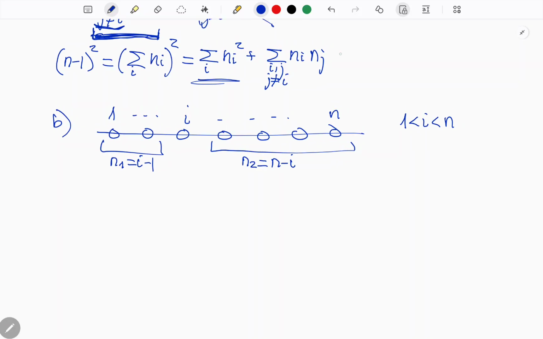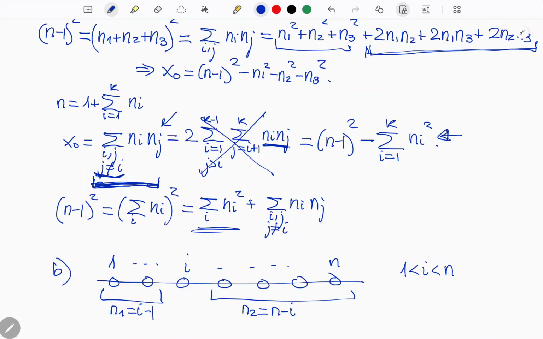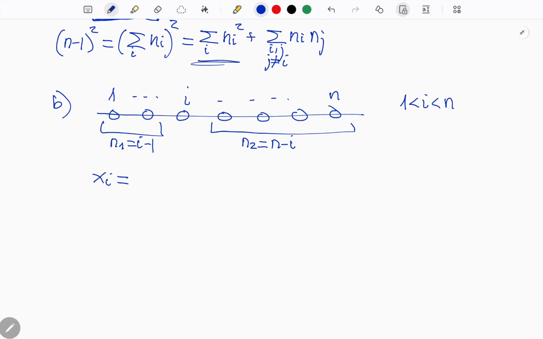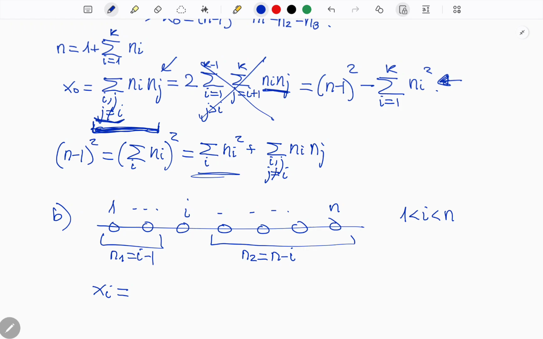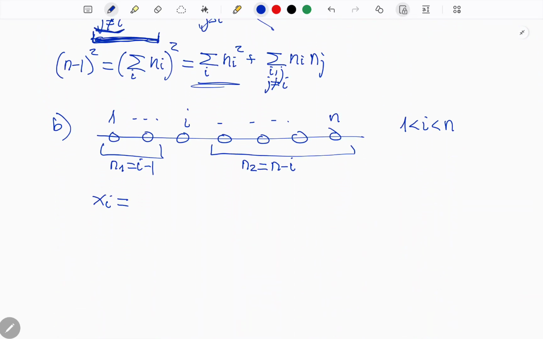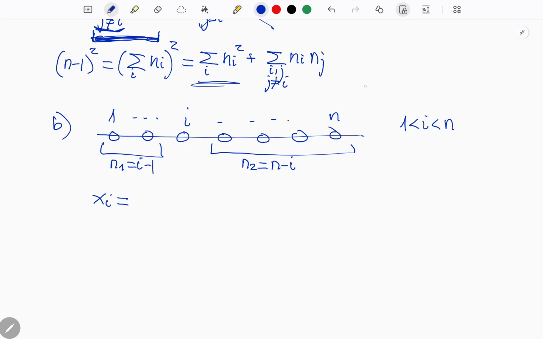So if I use this formula, then the betweenness centrality of node i is going to be equal to n minus 1. Well, now in this case we have n1 and n2. So we have that n minus 1 is going to be equal to n1 plus n2, just like before, okay? Because we are not considering node i.